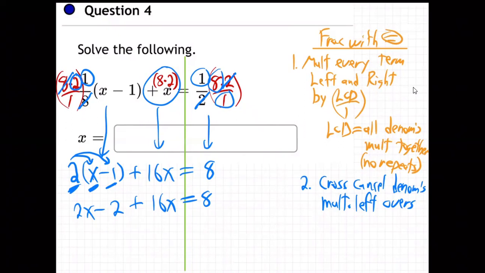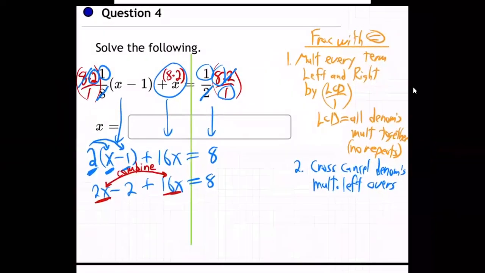And now these guys right here are going to combine. 2x and 16x is 18x.